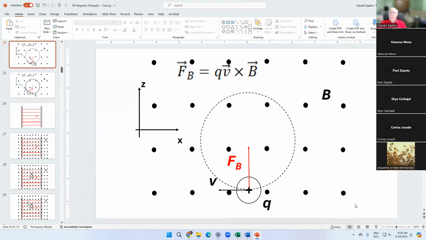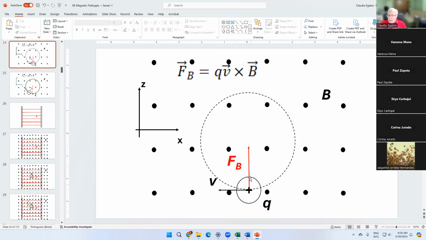Why is that? Because it's the path of the particle, okay? In a uniform magnetic field, the magnitude of the B field here is equal to the magnitude of the B field here, and so on. This particle is subjected to the same magnetic force anywhere in the space.